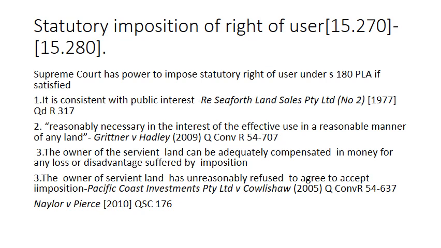The adjoining potential servient tenement was used as a dance studio and by a number of children for that purpose. The owner of the servient tenement, together with many parents and children using the studio, objected upon safety grounds to the imposition of an easement for the ingress and egress of vehicles and for parking purposes.